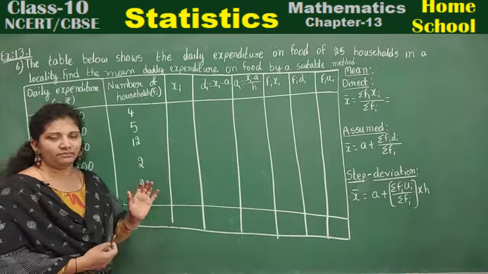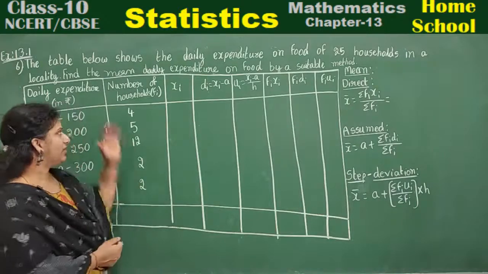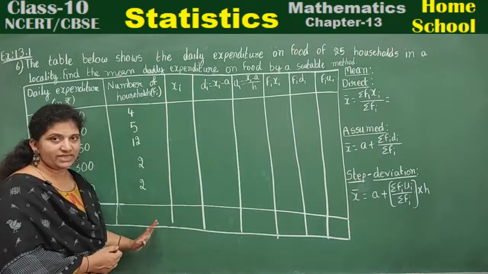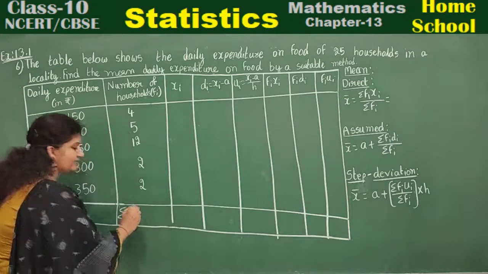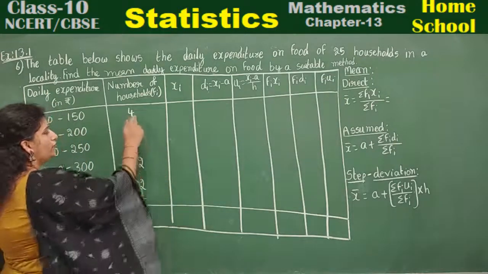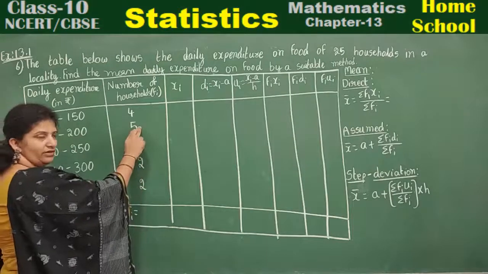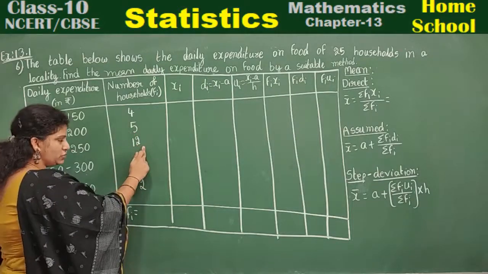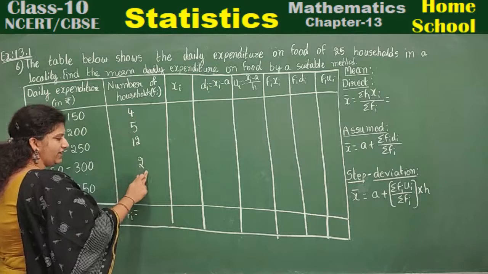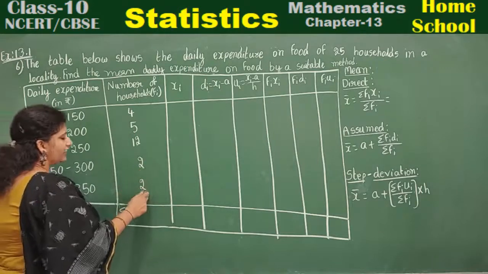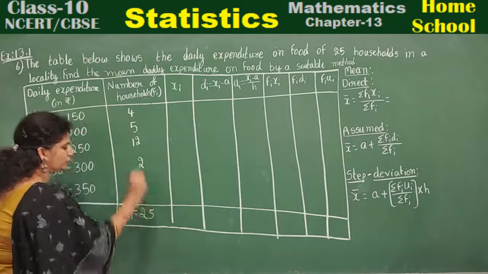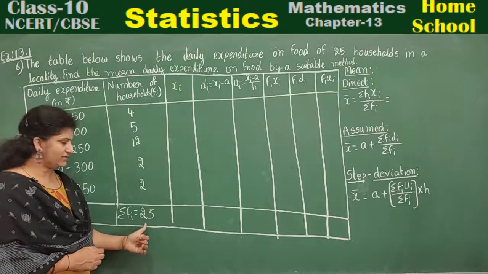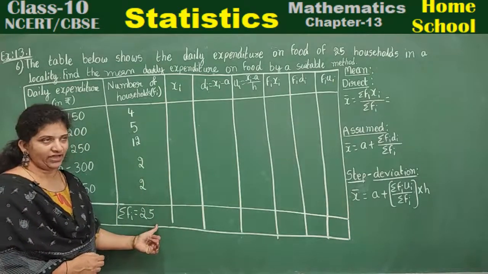We need to calculate the mean for the given data. Let's find the sum of the frequency, summation Fi. Let's start adding. 4 plus 5, 9. 9 plus 2, 11. 11 plus 2, 13. 13 plus 2, 15. 15 plus 10, 25. Summation Fi is equal to 25.